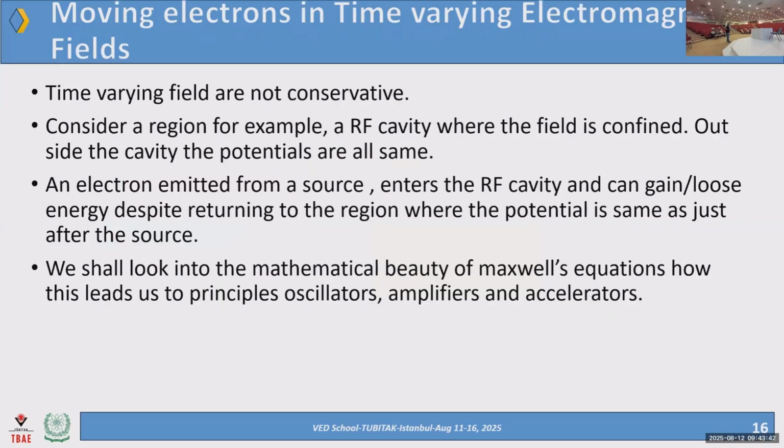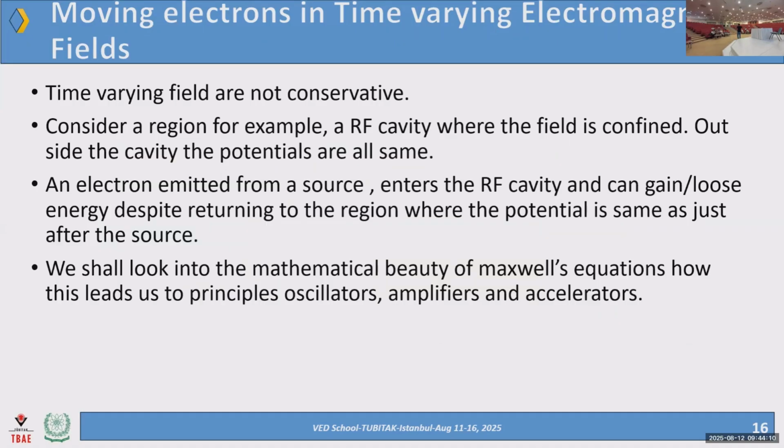Now, if we have a time varying electric field, it's really time varying now. The quasi is put aside. What will happen? Number one, the character of the time varying electric field is that it is not a conservative field.